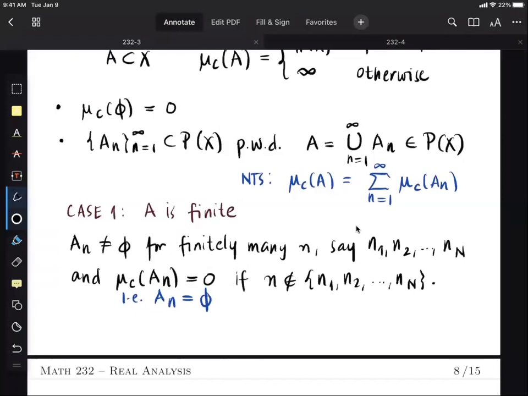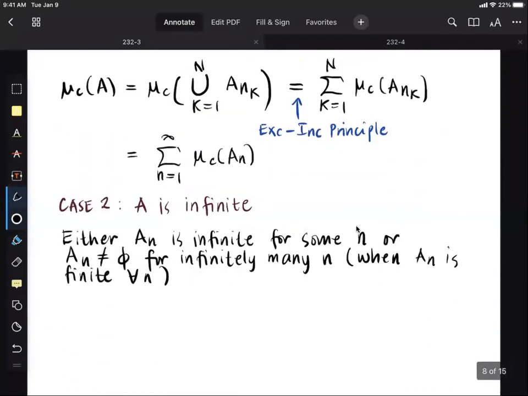Otherwise, if it is not empty for only finitely many n, the union would also be finite. Which is a contradiction to this second case when the union is infinite. So that would be the two cases.